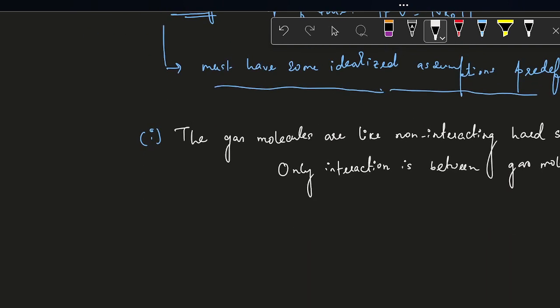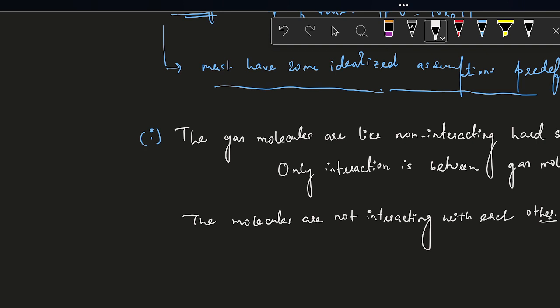Okay. Or in other words, the molecules are not interacting with each other.